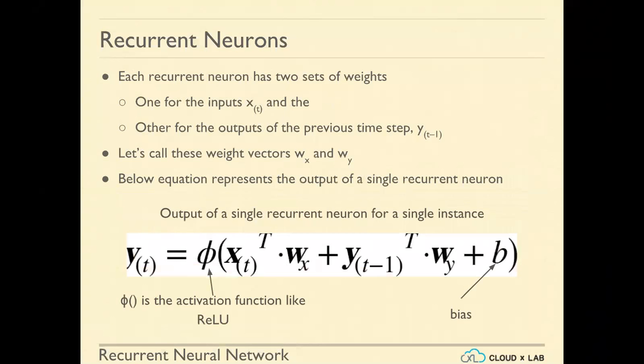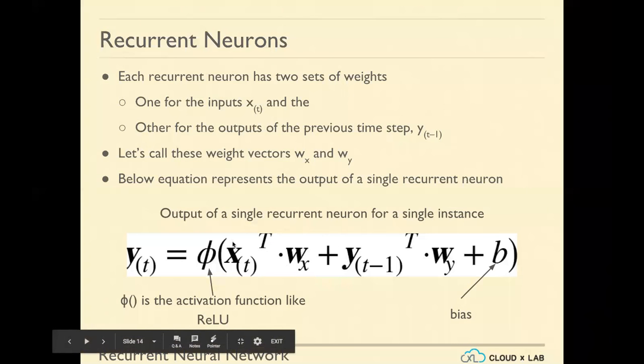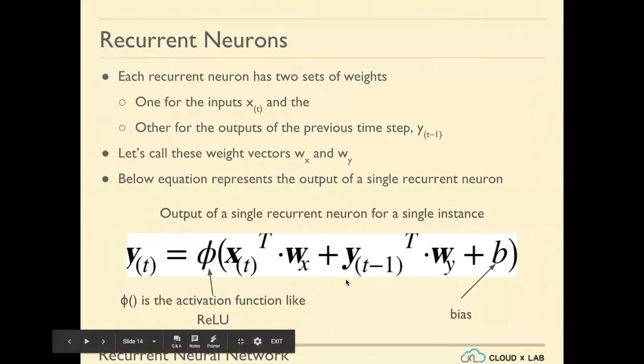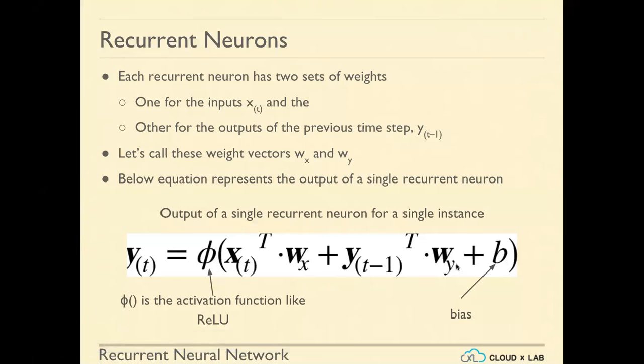All right. So this is the basic equation of a recurrent neuron, whereby these are our weights, which initially we'll keep random. We are multiplying the input with Wx, and multiplying the output from the previous step with Wy, adding a bias term to it.